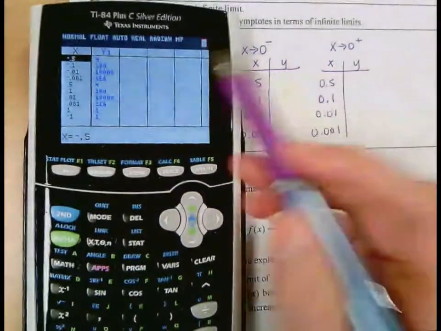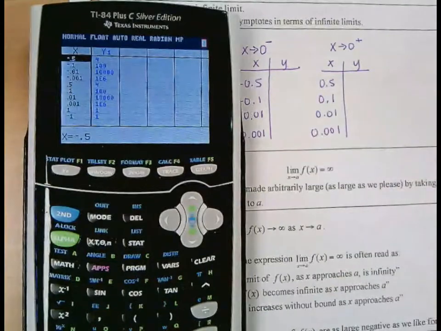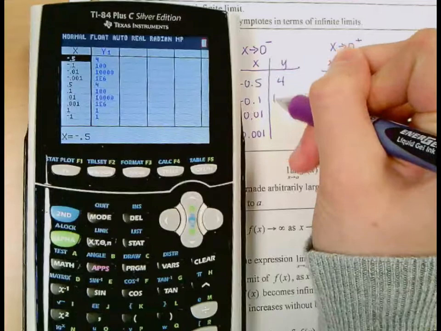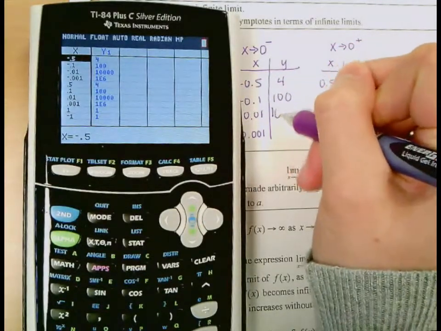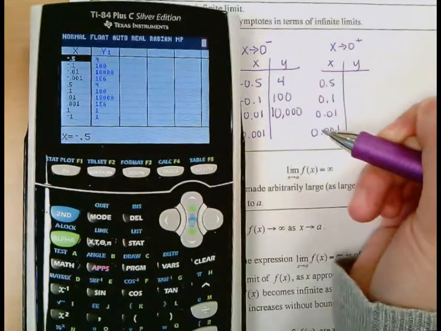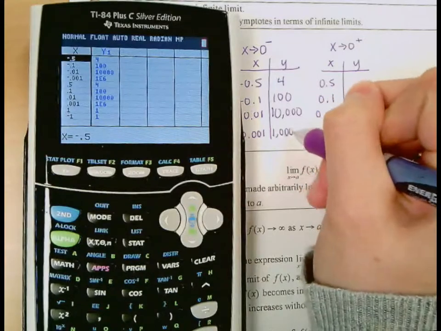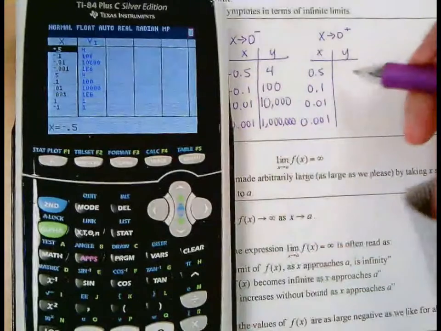So at negative 0.5 and positive 0.5, the values on either side are going to be the same. It goes from 4 to 100 to 10,000 to a million.